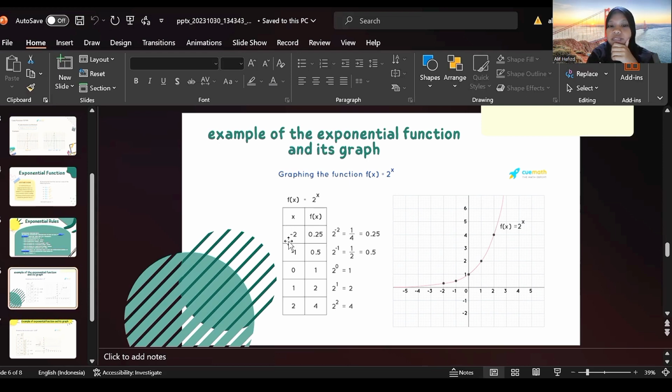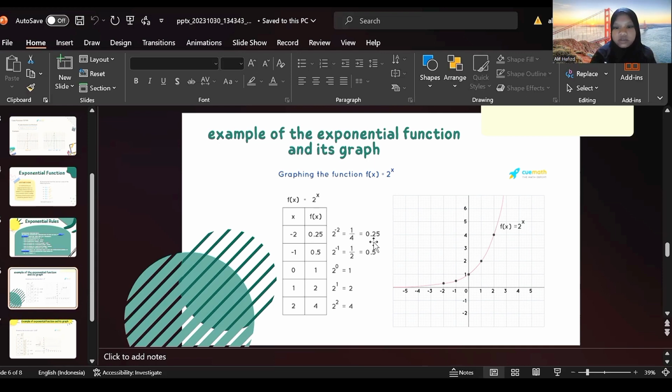We have to put -2 in the place of x in this function, so we can get this. Just follow the rules, just follow the way it's calculated. So we can get 2 to the power -2.